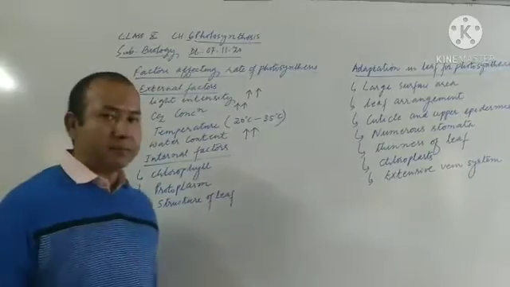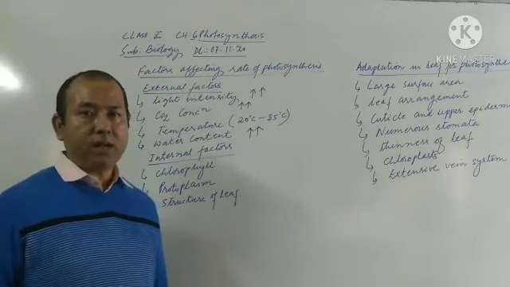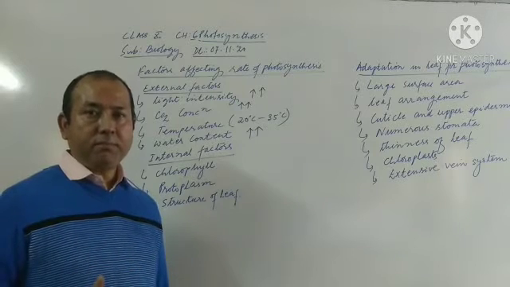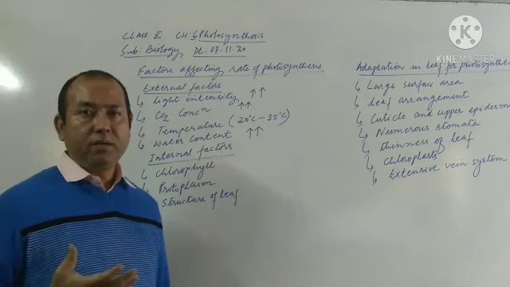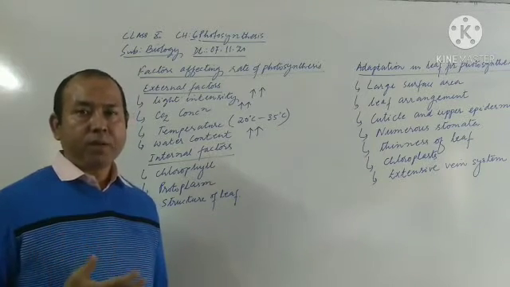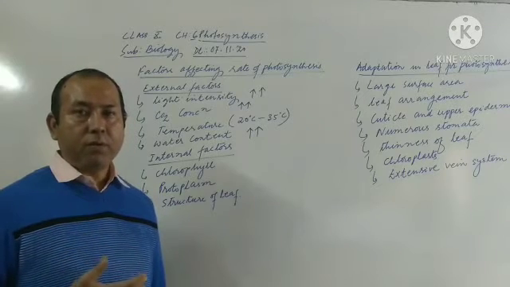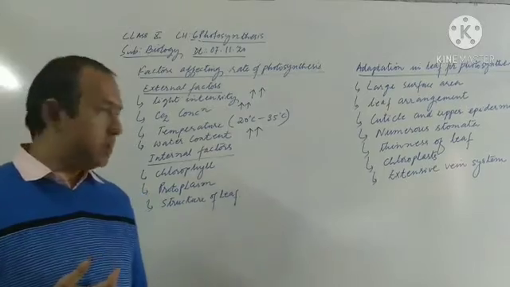Now about the protoplasm. Protoplasm means the living matter that is present inside the cell. In protoplasm, if the cell of the leaf is hydrated with a large number of enzymes required to carry out photosynthesis, then the rate of photosynthesis always increases.